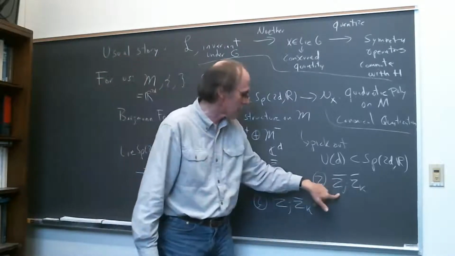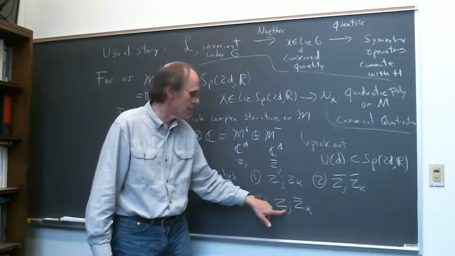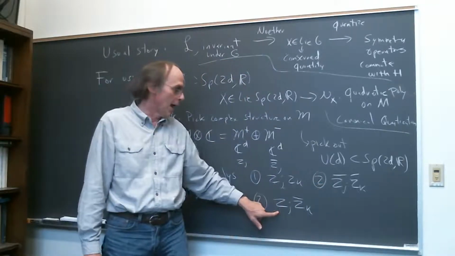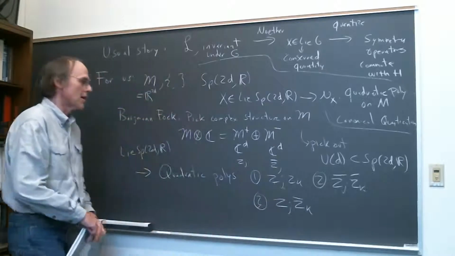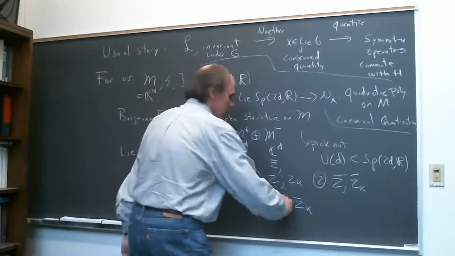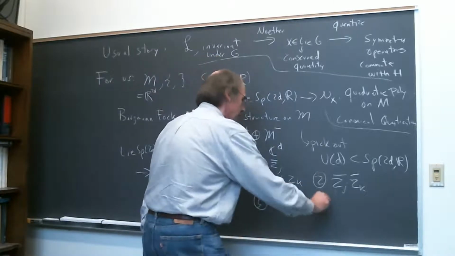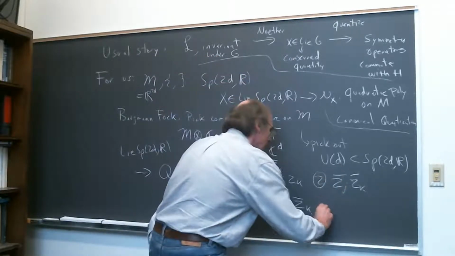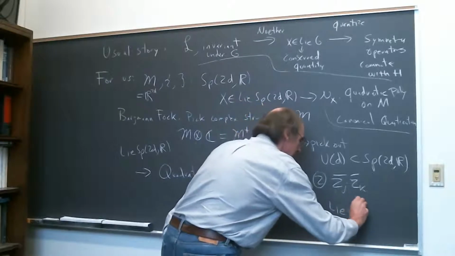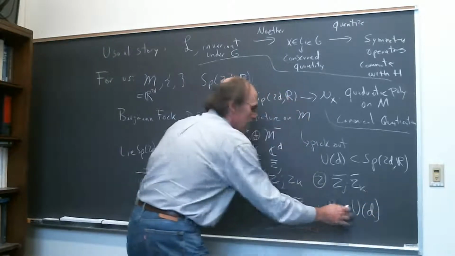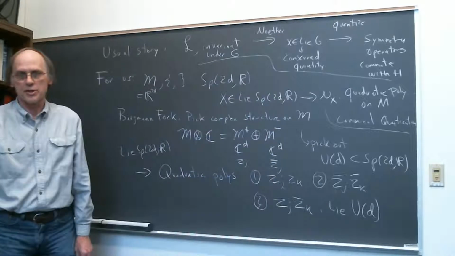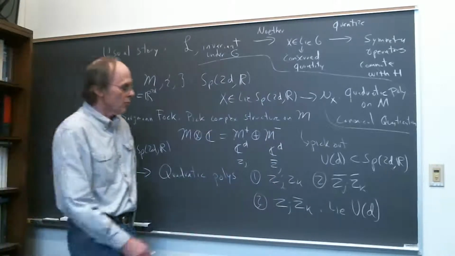These things are going to subtract 2 from it. But these things are going to keep it the same. And you can also show that these guys span the Lie algebra of this unitary group.